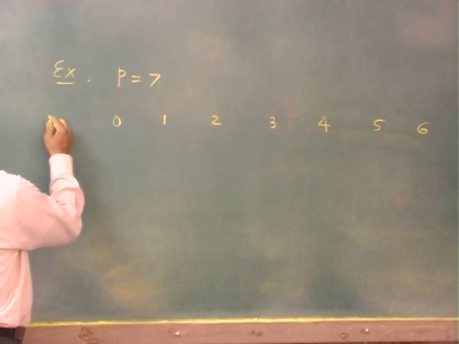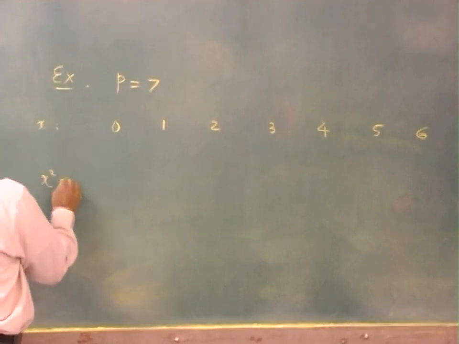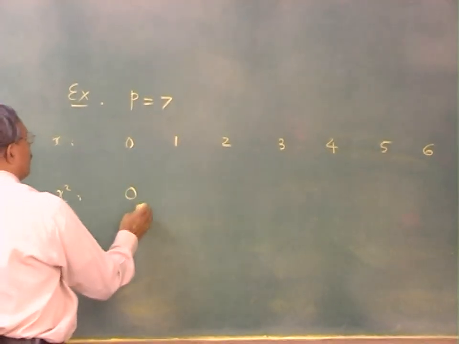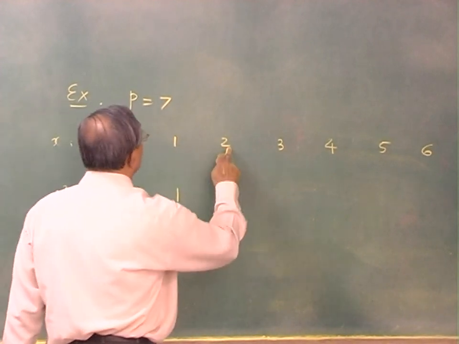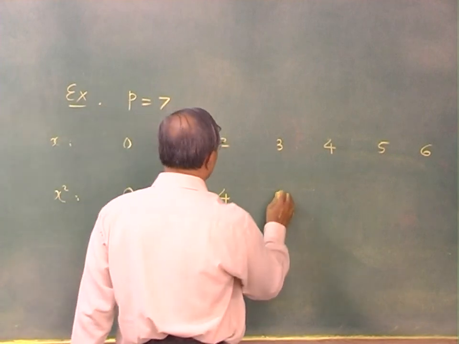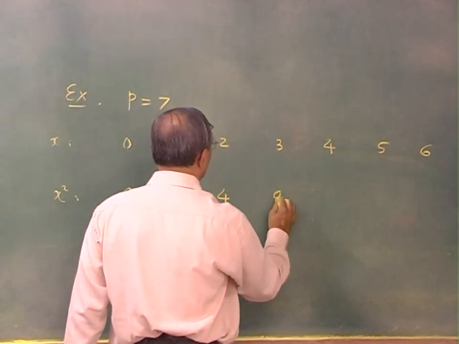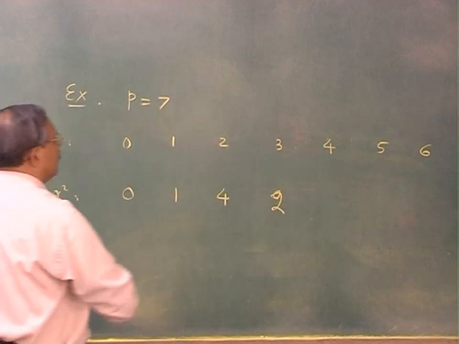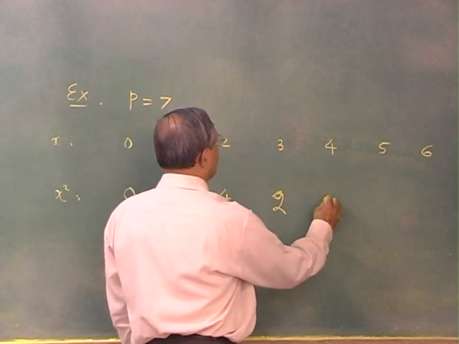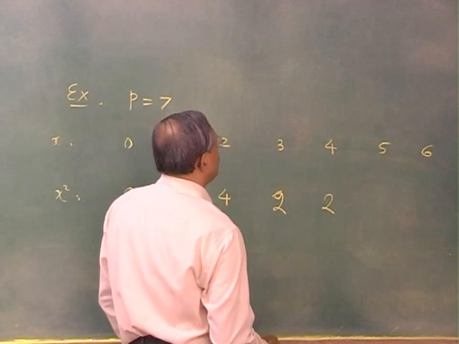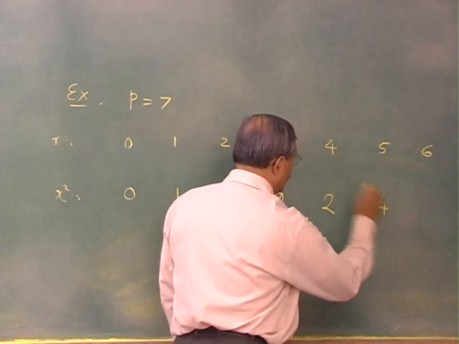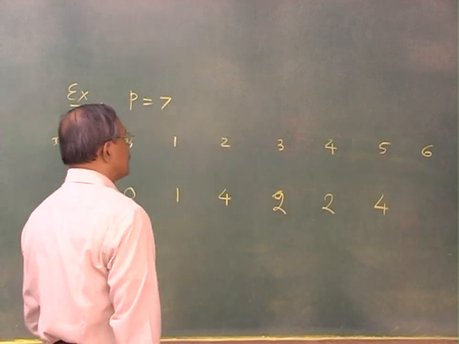Let us see x and x square. What are the squares of these mod 7? So 0 square is 0, 1 square is 1, 2 square is 4, 3 square is 9. Now 9 means 2 modulo 7. So 4 square, what is that? 16. 16 is also 2. 5 square is 25. 25 is 4. And 6 square is 36, that is 1.